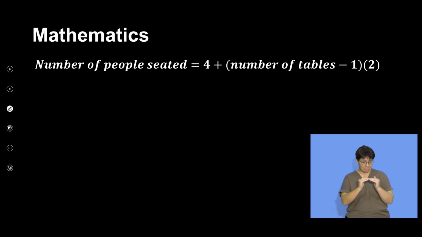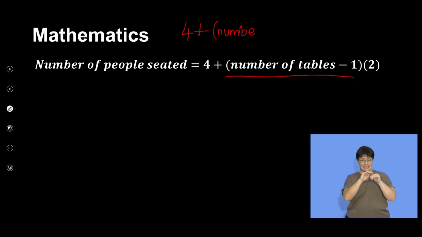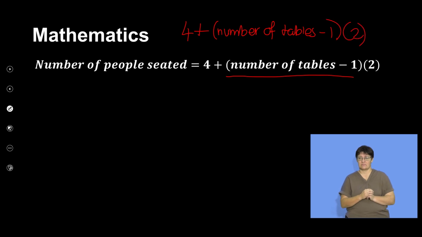So if we look at the mathematical rule that can help us determine how many people will be seated at a certain number of tables, it's going to be 4 plus the number of tables minus 1, times 2.